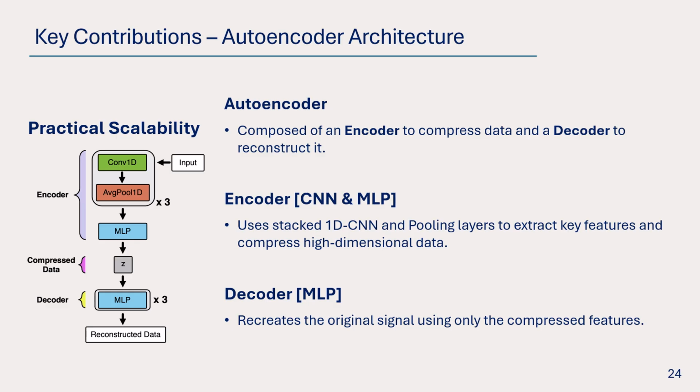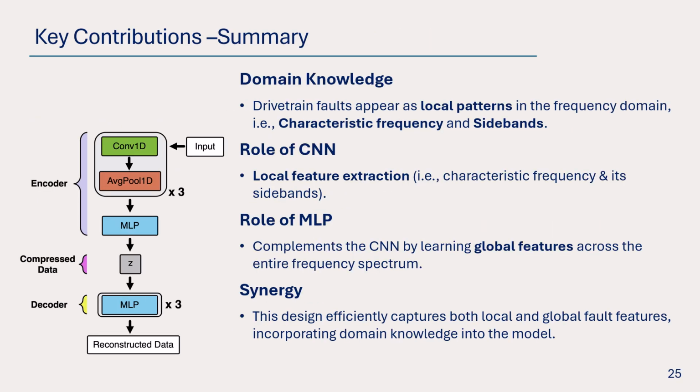The decoder then attempts to rebuild the original signal using only the compressed information. Through the CNN module, we were able to extract local features. Additionally, we aim to extract global features not captured by CNNs by adding an MLP layer. This allows our model to effectively learn both local and global features.